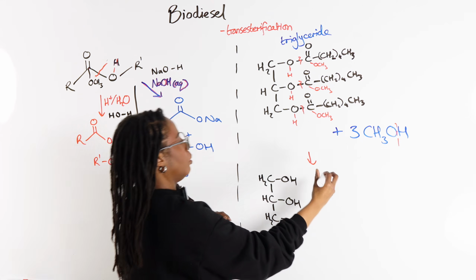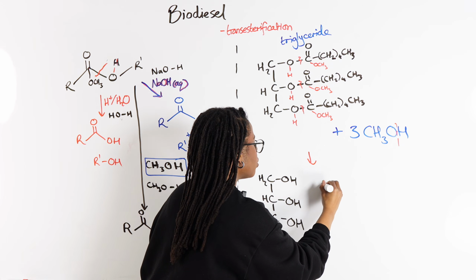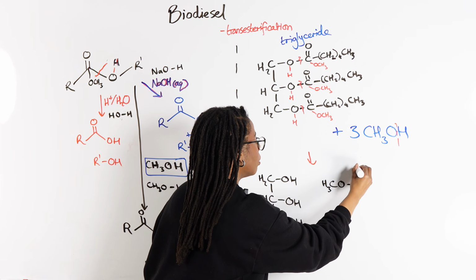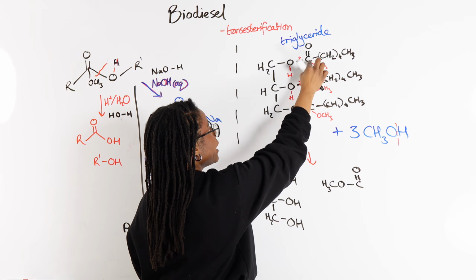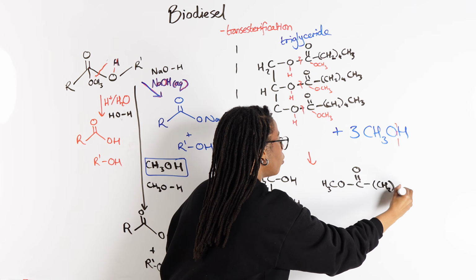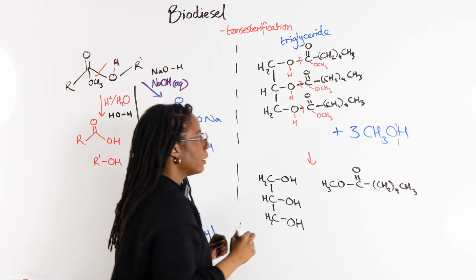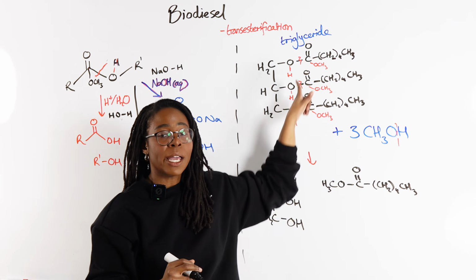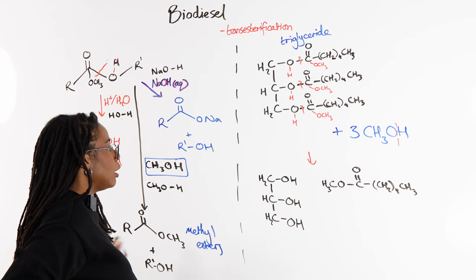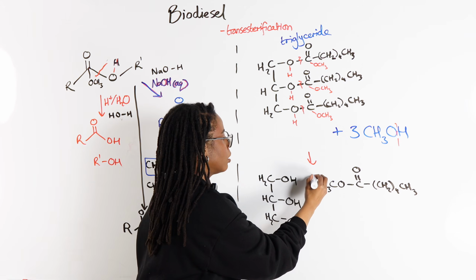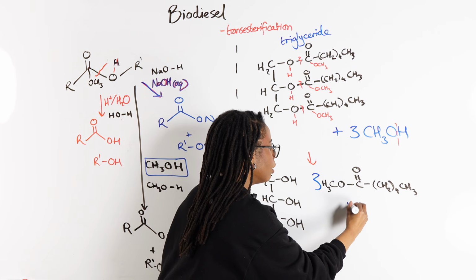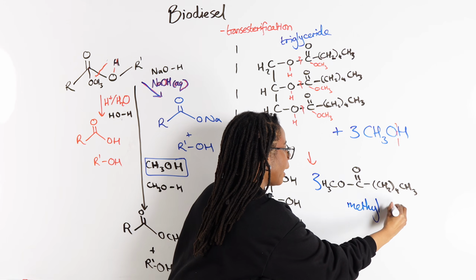So I'm going to even draw it backwards. CH3, O, right? That's this part, OCH3 on the C double bond O with the CH2 for CH3. And because we've done that 3 times and all 3 of these fatty acids are the same, we are going to get 3 lots of this biodiesel methyl ester.